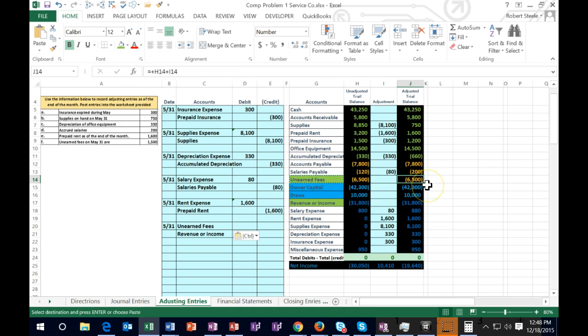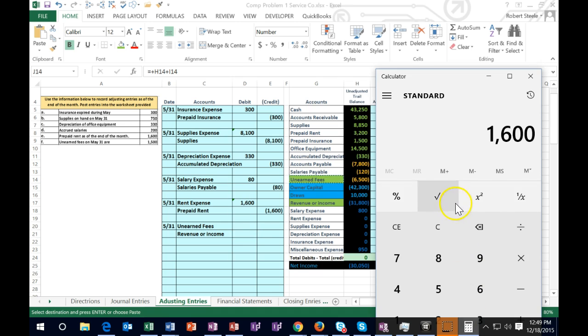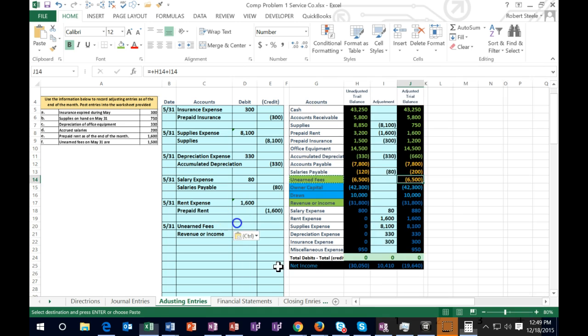So of this 6.5, we have only 1.5 left that has not yet been earned as of the end of the month. Therefore, we need to make this amount go down to the 1.5, which is a subtraction problem of 6.5 minus 1.5 gives us the 5,000. So I'm going to do that same calculation over here. We're going to say this equals the 6.5 minus 1.5, 5,000. That's going to be the debit. Will also be the credit, negative 5,000 for the purposes of this worksheet.